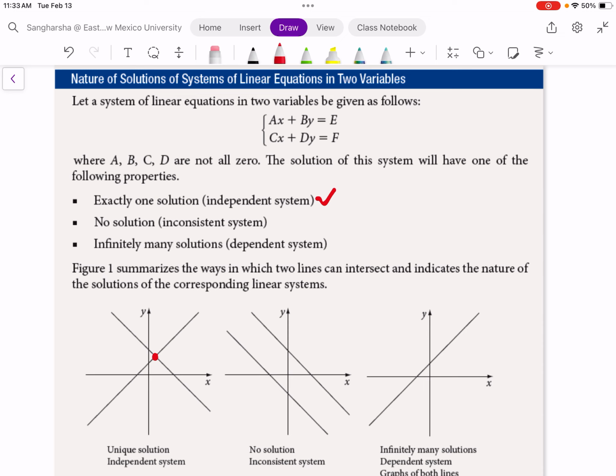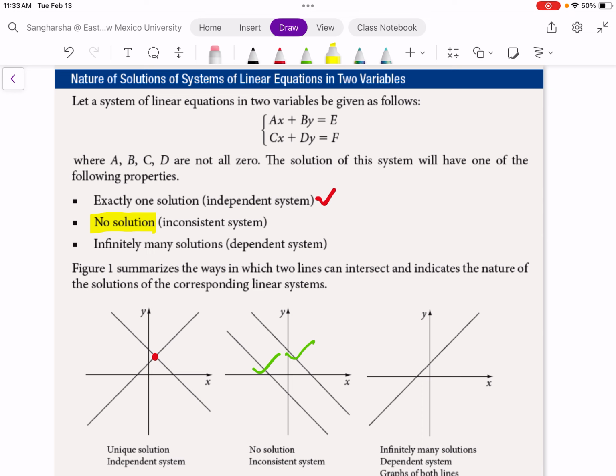Your x and y do not depend on each other. We might get a system of equations which does not have any solution. It means when you have two parallel lines, they do not intersect. We don't have any solution, and those systems are inconsistent systems.